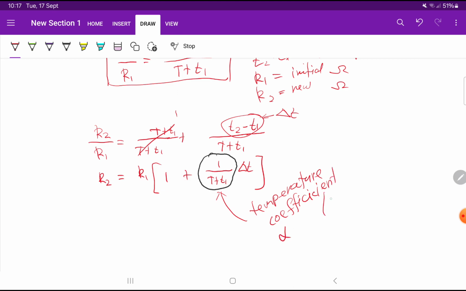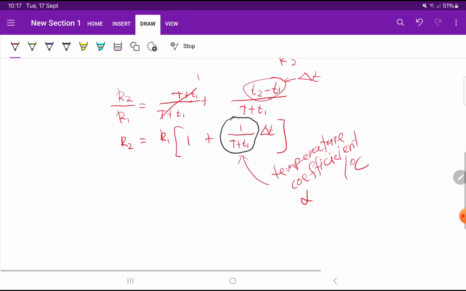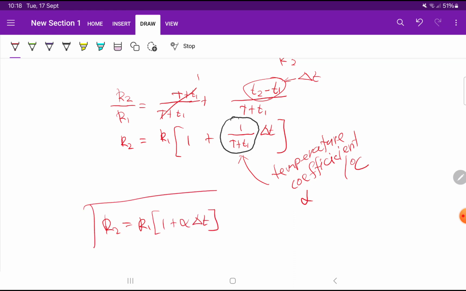The unit for this one is per degree Celsius. So the final formula will be R2 equal to R1 multiplied by 1 plus alpha delta T. This is another formula for the new resistance at the new temperature. Remember, this is alpha 1, meaning this is alpha at the temperature of R1.